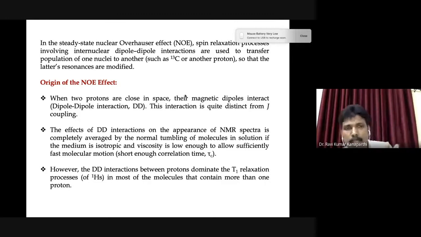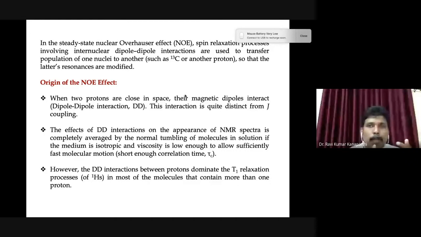But the origin of the NOE is essentially the dipole-dipole interaction, which I already explained in the previous lectures. In a normal case, we don't see the dipole-dipole interaction very prominent, especially when dealing with a single proton in a given molecule, and you don't see too much NOE.